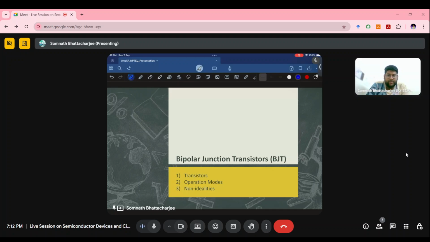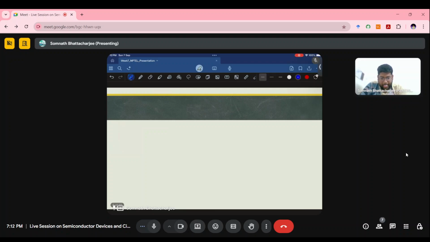Based on that, there will be some exceptions which can be termed as the non-idealities. We'll learn about that as well. So let's start with today's session.